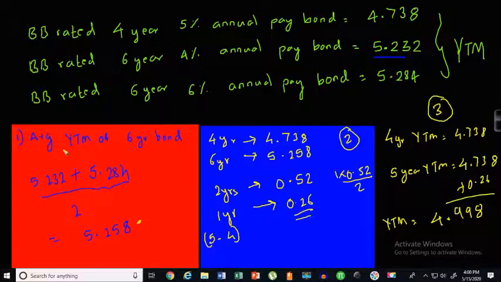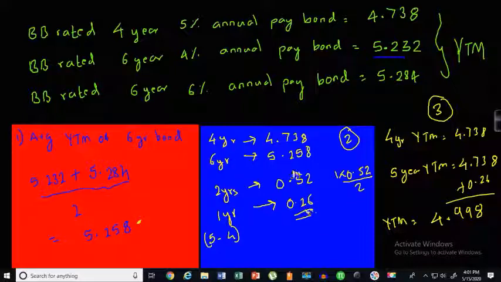So first we took the average YTM of the 6-year bond, which is 5.232 plus 5.284 divided by 2, 5.258. Then for a 4-year bond you get 4.738. For 6 years you are getting 5.258. So how much are you getting for 2 years? It is 0.52. So for 1 year you should be getting 0.26 extra.